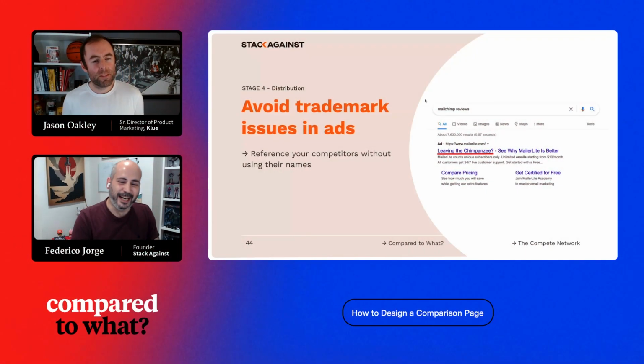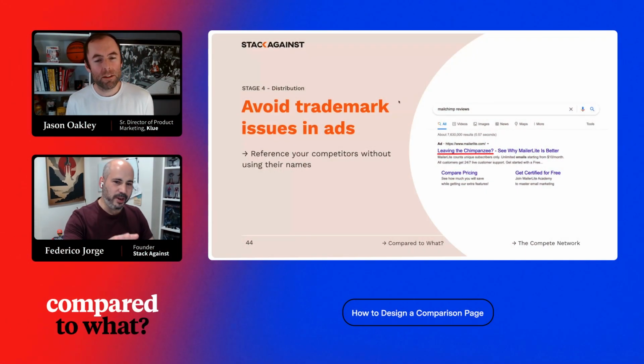Okay. Awesome. Distribution. This is a very, very tactical detail. When you're doing ads, when you're doing PPC, again, go back to avoiding any trademark names as much as you can. So in this example, we're looking at a MailerLite ad for a MailChimp related keyword, right? So you can target your competitors.